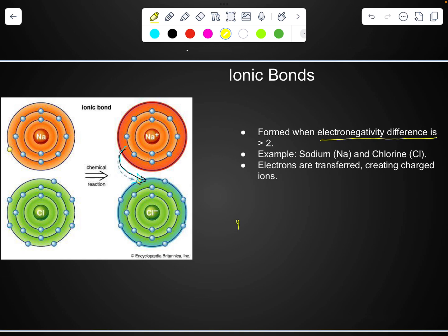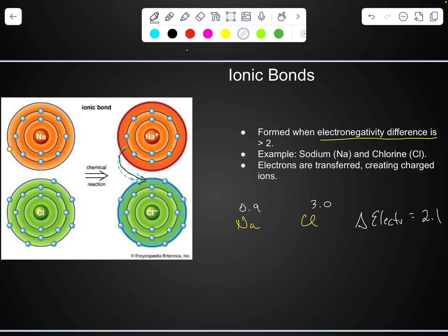So in our example, sodium and chlorine, if we went to the periodic table that we have in our book that shows some electronegativity values, we would see electronegativity values of 0.9 for sodium and a value of 3.0 for chlorine. The change in, or the difference in electronegativity in this case is equal to 2.1.